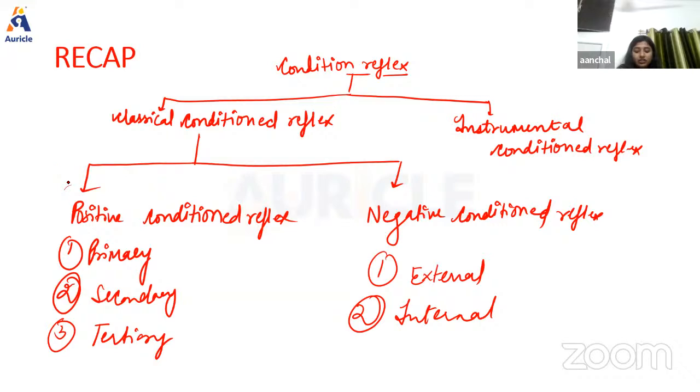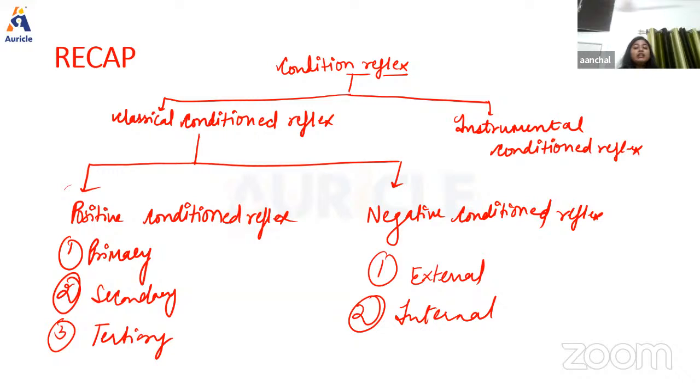The primary conditioned reflex is the reflex developed with one unconditioned stimulus and one conditioned stimulus, and both these stimuli are required. Then the secondary conditioned reflex is developed with one unconditioned stimulus and two conditioned stimuli, whereas in tertiary, a third conditioned stimulus is added and the reflex is established in the tertiary positive conditioned reflex.